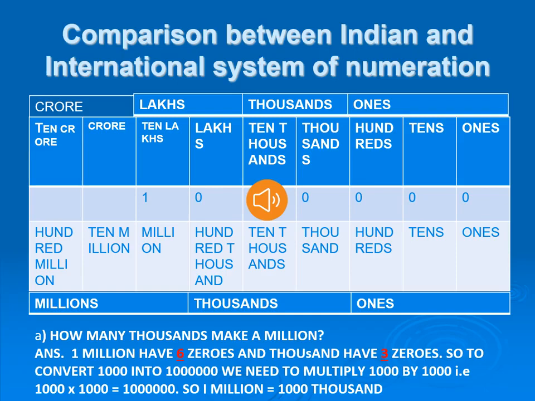Now in 1 million there are 6 zeros and in thousands there are 3 zeros. We want to convert 1000 into 1 million. For this, we need to multiply 1000 by 1000 to get 1 million. So 1 million has 1000 thousands.